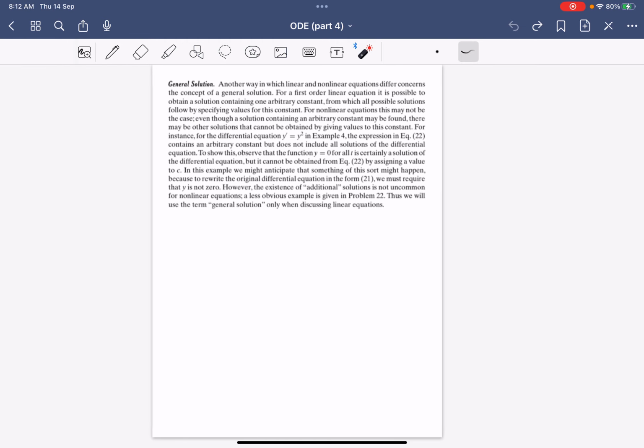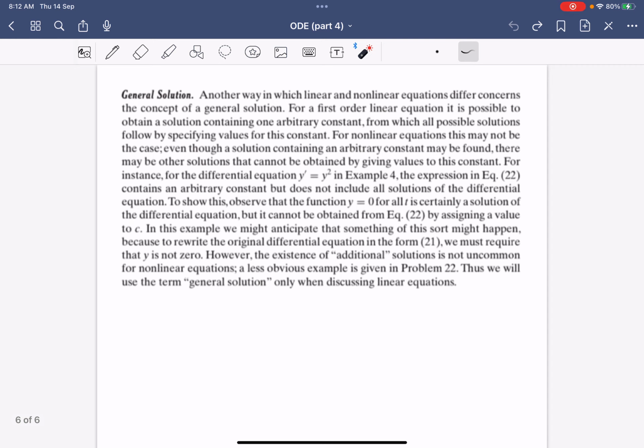Lastly, what I'd like to point out is the general solution. This is different because for a first order linear equation, it is possible to obtain a solution with only one constant. But for nonlinear, that may not be the case, even though a solution containing an arbitrary constant can be found.